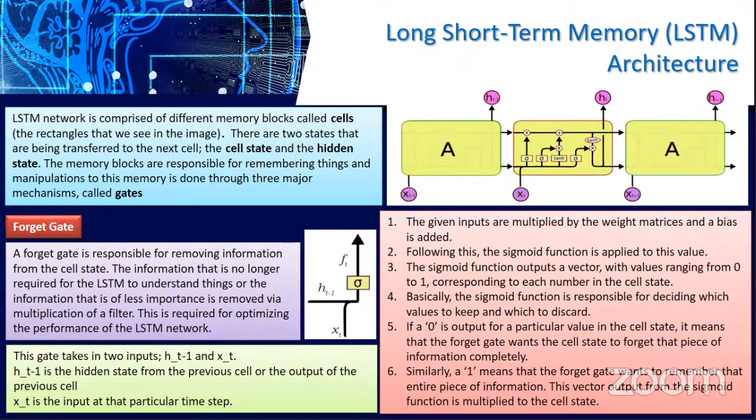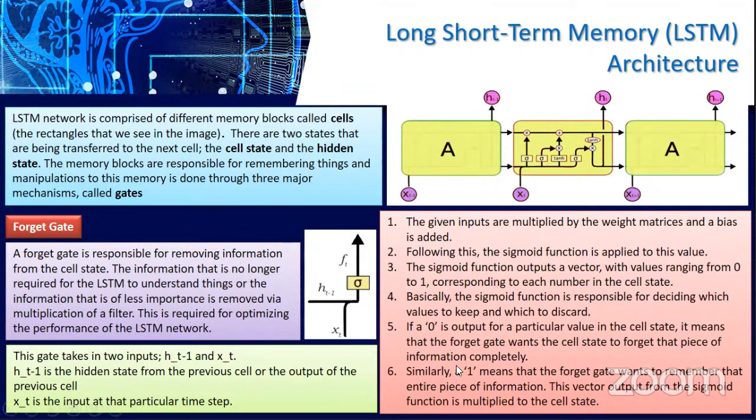Then the input goes to the next part, where we apply a sigmoid function. The sigmoid function will output a vector whose values range from 0 to 1. This sigmoid function is responsible for deciding which values you will consider and remember, and certain values will be discarded.